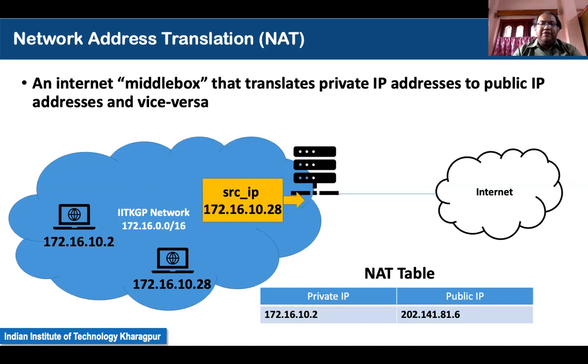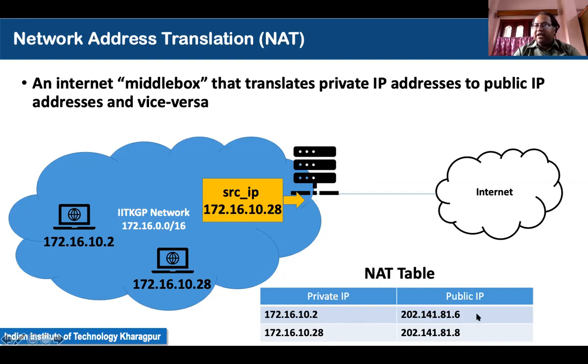So if I have a different device, say, which becomes active and has an IP address of 172.16.10.28, whenever a packet with that source IP comes to the NAT residing at the gateway of the IIT Kharagpur network, another entry is made corresponding to this IP.